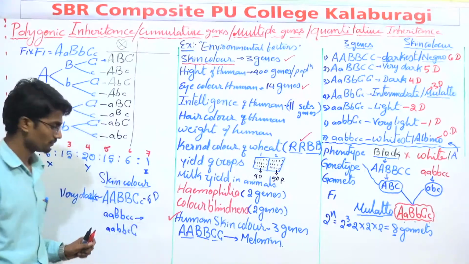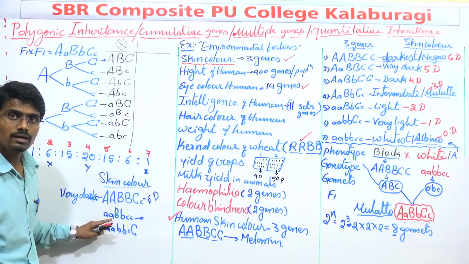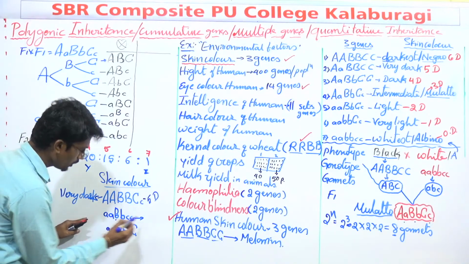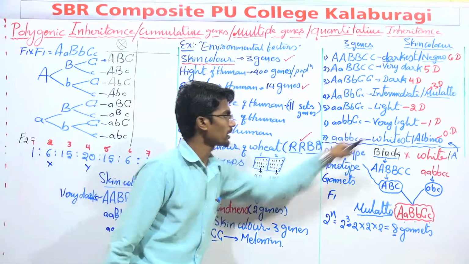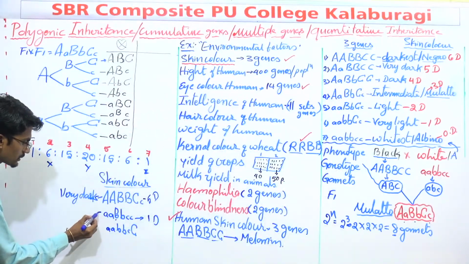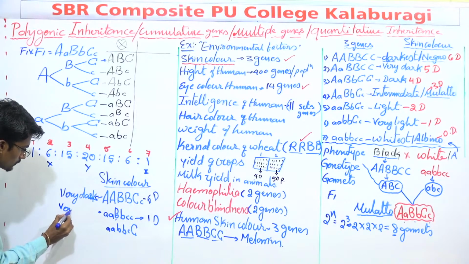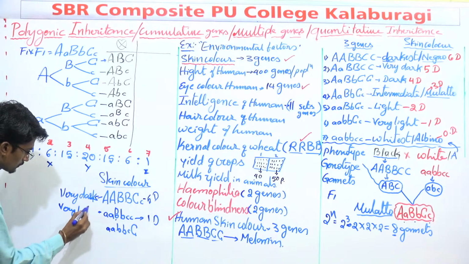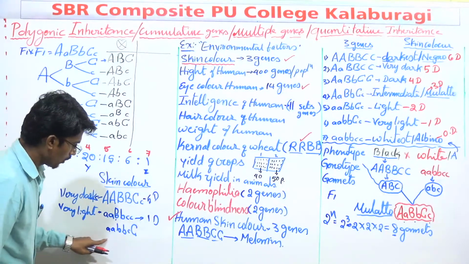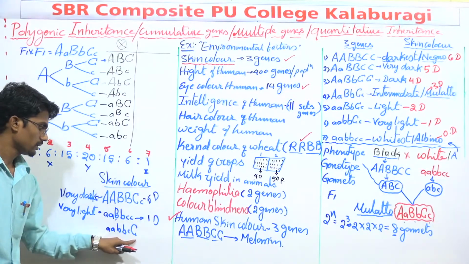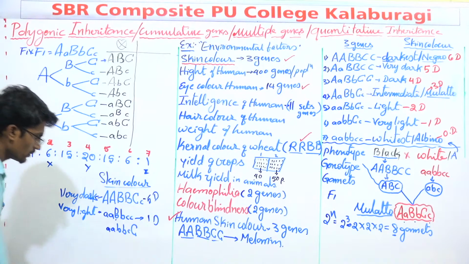Next, in this case, how many dominant alleles are present? Only one. If one dominant is present, what is the skin color? They are very light. In the third case, how many dominant alleles are present here also?